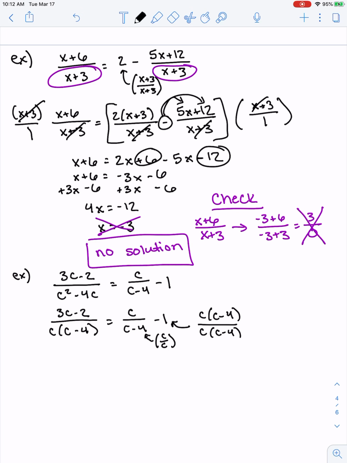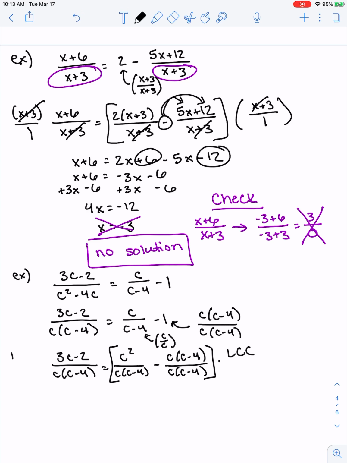So I end up with 3c minus 2 all over c times c minus 4 is equal to c squared over c times c minus 4 minus c times c minus 4 all over c minus 4. Multiply by my least common denominator, and they will cancel out.